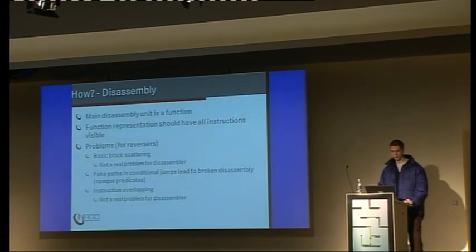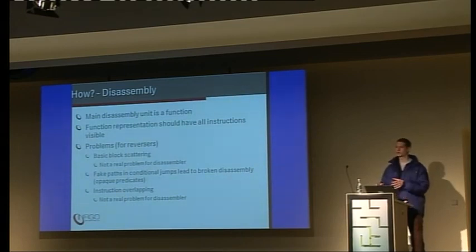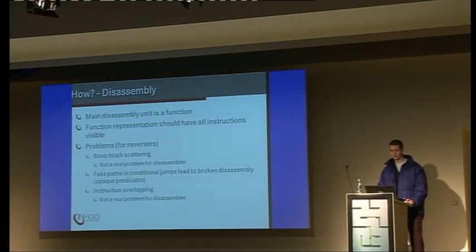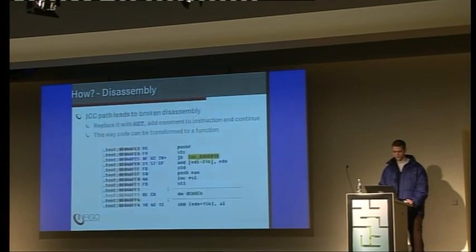And the last one is instruction overlapping. So if you have jumps that jump in the middle of another instruction, it's only possible to show one instruction and the other one will be hidden. And this is also not a real problem for the disassembler, but for human analysis of code.